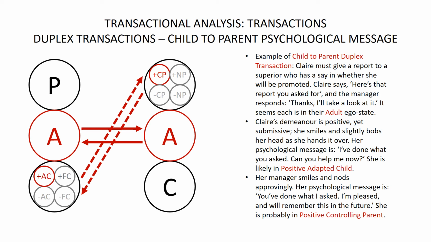Claire's demeanour, however, is positive yet submissive. She smiles and slightly bobs her head as she hands over the report. Her psychological message is, "I've done what you asked. Can you help me now?" Given all this, she is likely in a positive adapted child ego state, as she is responding to rules in a way likely to benefit her.